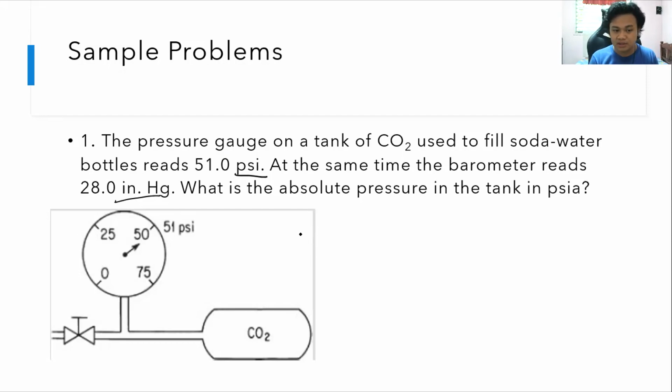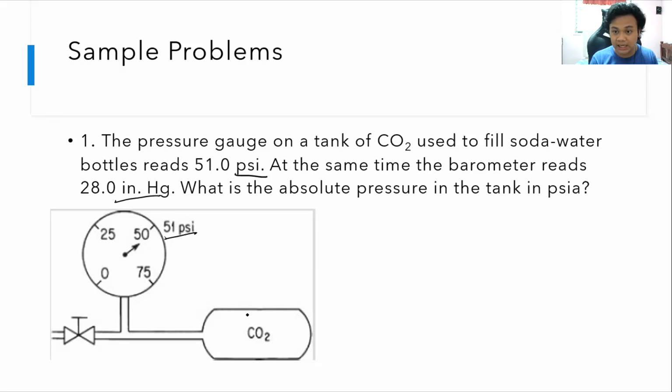Okay, so as you can see here in the pressure gauge, we read 51 psi. So this is gauge, right? Because the atmospheric pressure cannot affect the pressure of the carbon dioxide inside the tank. You have to assume that the tank is rigid, so it cannot be deformed.